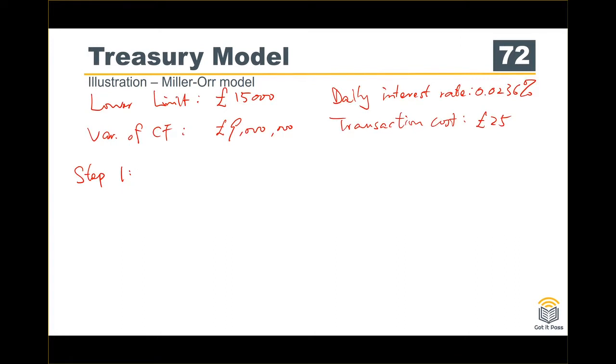step one, spread. How to get the spread? Okay, based on the formula, we know that transaction cost times the variance of the cash flow, and here divided by the daily interest rate.